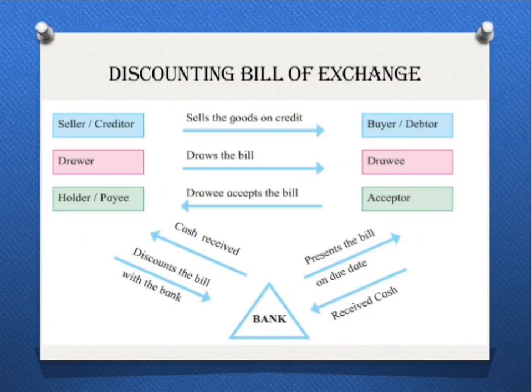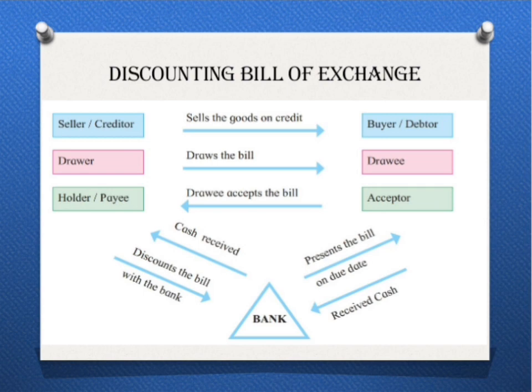Then see the process, how the bill gets discounted with the bank. A seller sells the goods on credit to the buyer, and the seller draws the bill of exchange on the drawee, and then the drawee accepts the bill and the drawer becomes the holder. Now the bill is with the drawer.